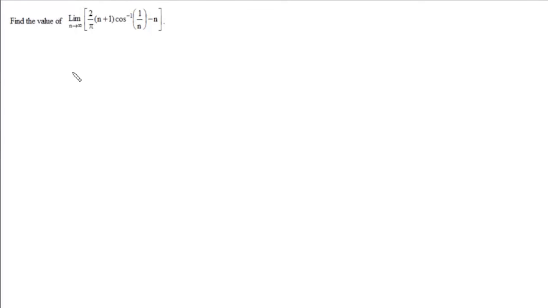Now here the question is, we need to find this limit, n tends to infinite, and then it'll be this 2 upon pi n plus 1 cos inverse 1 by n minus n.